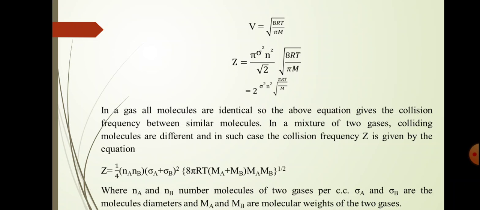In a mixture of two gases, colliding molecules are different, and in such a case, the collision frequency Z is given by the equation Z is equal to 1 by 4 Na Nb (sigma A plus sigma B) whole square into [8 pi RT (Ma plus Mb) upon Ma Mb] to the power half, means it's all under root, where Na and Nb are the number of molecules of the two gases per cc, sigma A and sigma B are the molecular diameters, and Ma and Mb are the molecular weights of the two gases.